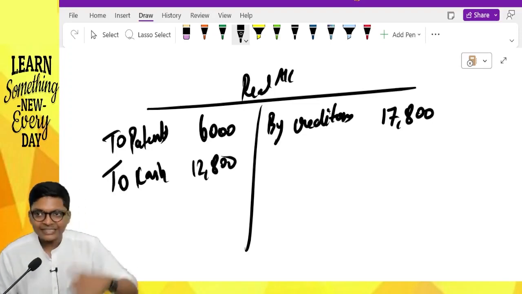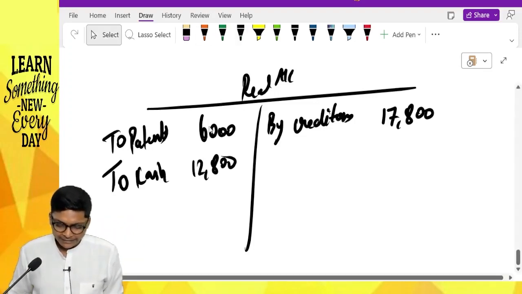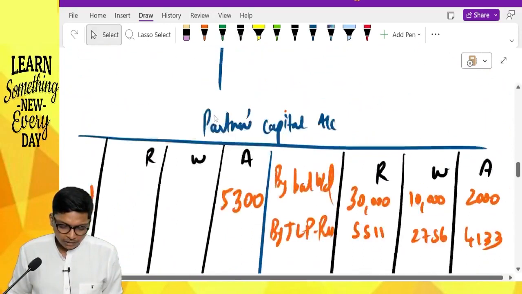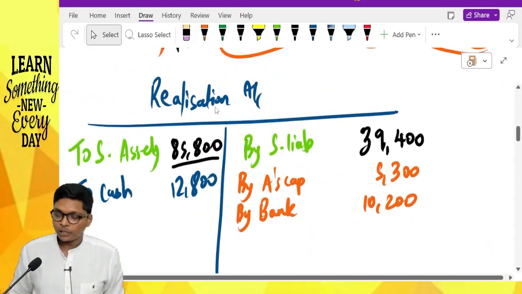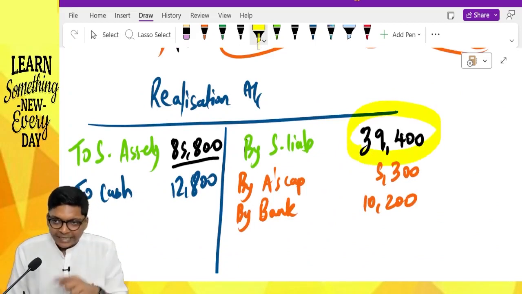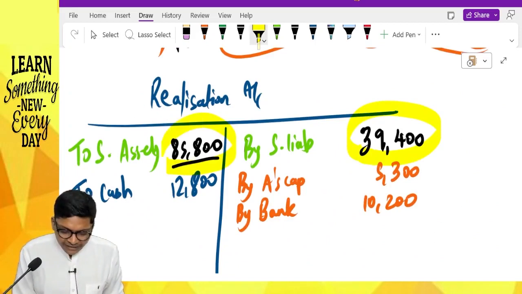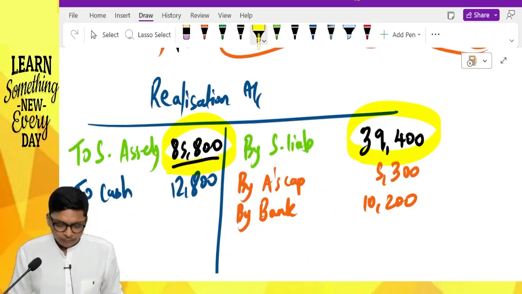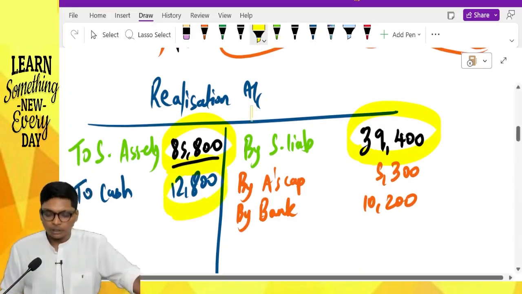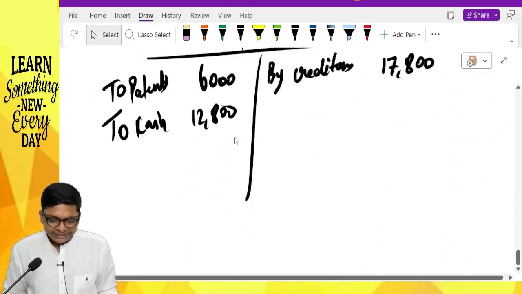Are all these three there in your notebook realization account? See, look at how beautifully it's coming, guys. This 39,400 includes 17,800. This 85,800 includes 10,000. This 12,800 is what we just accounted. I am taking an extract of all of this and writing it separately.